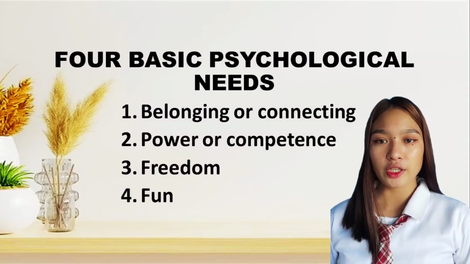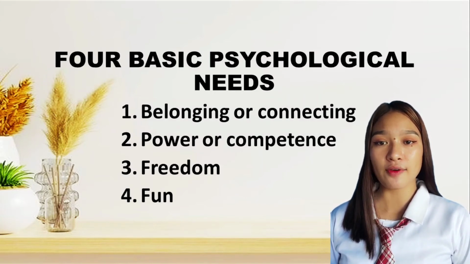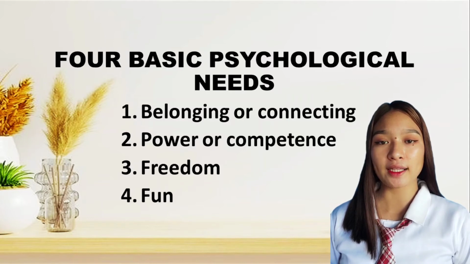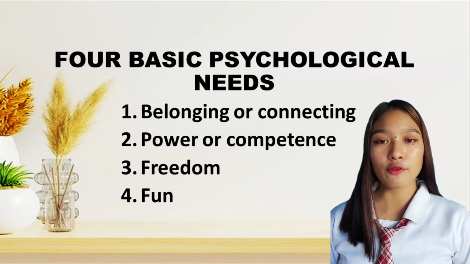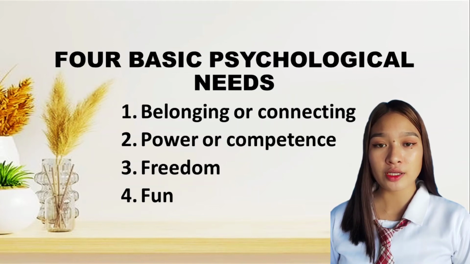In addition to the physical need for survival, we have four basic psychological needs that must be satisfied to be emotionally healthy. First, belonging or connecting. The need for belonging or connecting motivates us to develop relationships and cooperate with others.